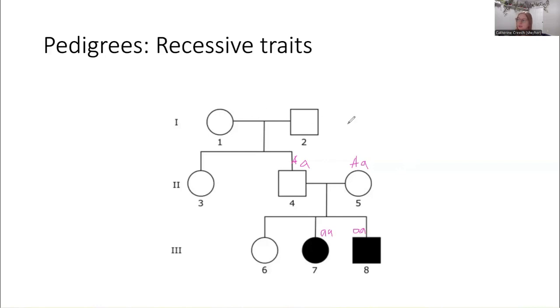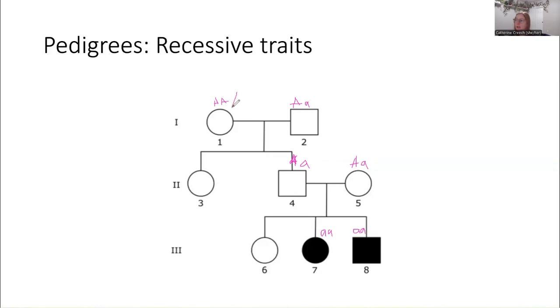If we go back to the P generation, we know that there's a heterozygous son. That means that one of these parents needs to also be heterozygous. But the other one, we don't know if they are homozygous dominant or if they are homozygous recessive.